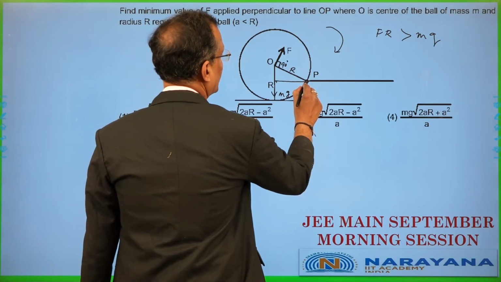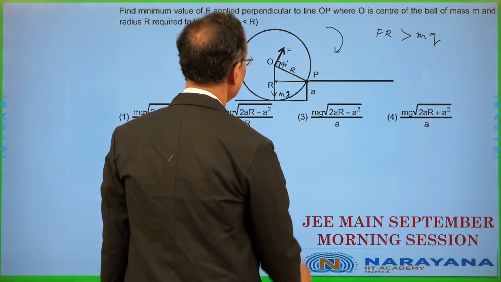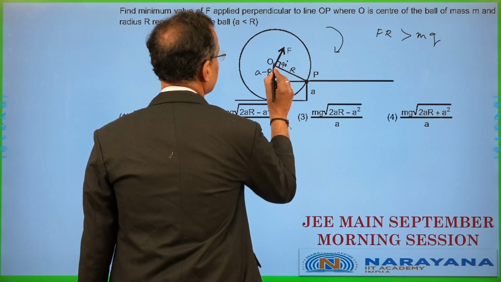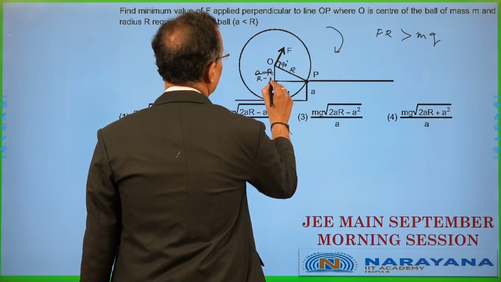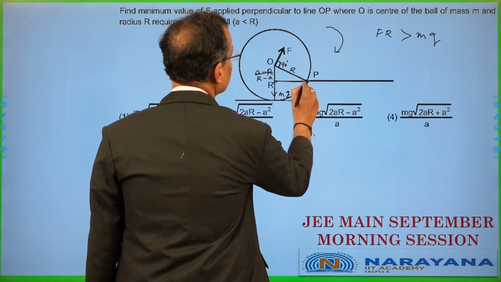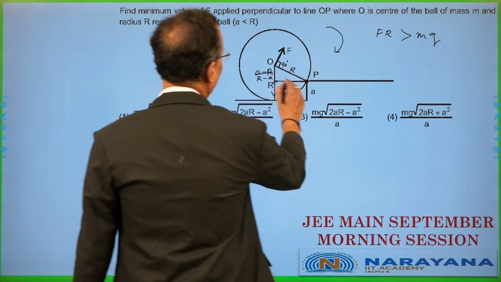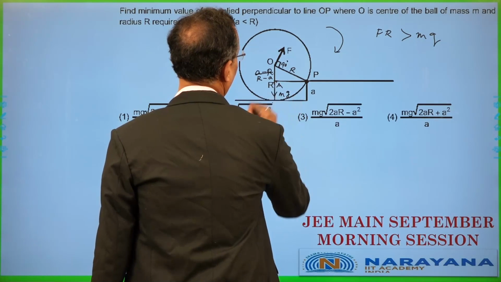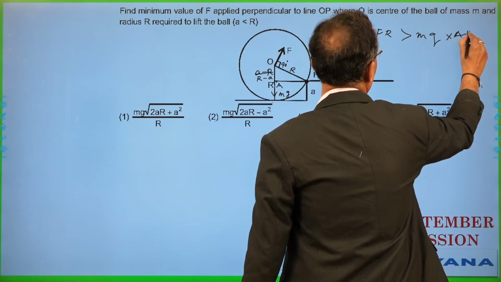You have taken torque about this point. So this distance we will have to take. This distance is A, so this will be R minus A. Clear? I want this distance. mg into some name you give, better OP. If I give this name A, the AP, mg into AP.